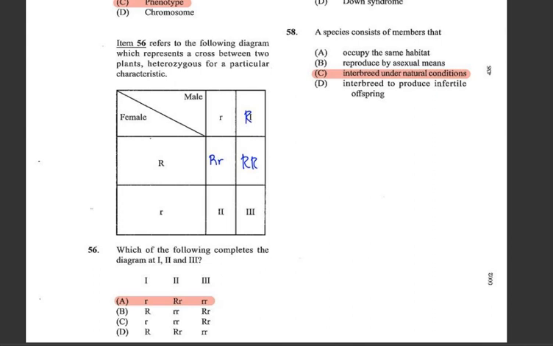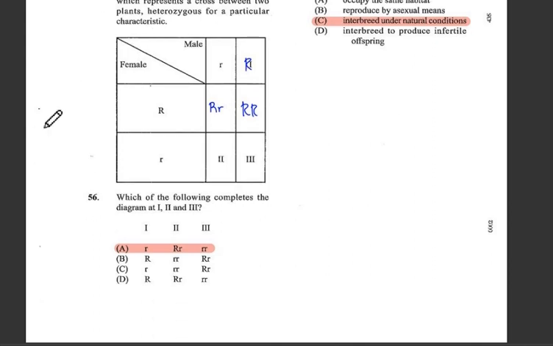We have a male and a female, and we have R. This is the heterozygote, with the capital R and a small r. This is where the sequence goes, guys. Let me show you what's going on. We have R here, and then we have these two R's, so RR, for example. So the answer would be A.